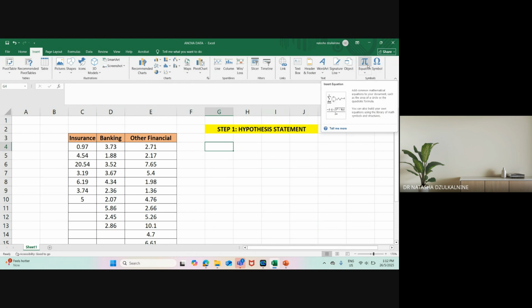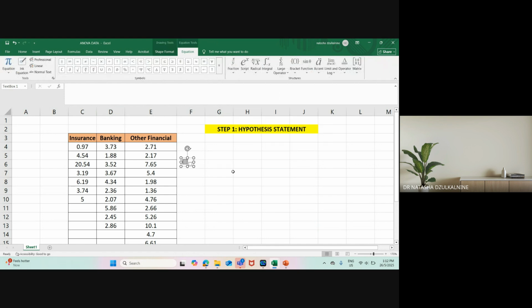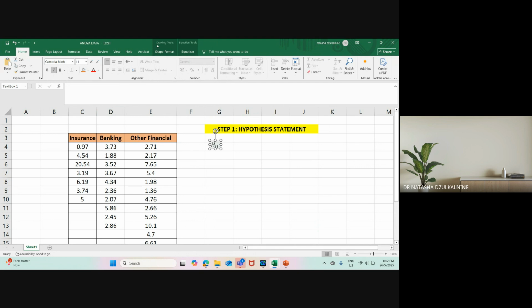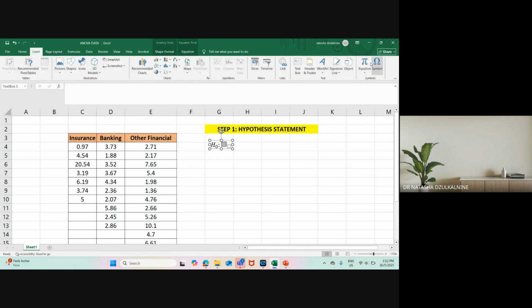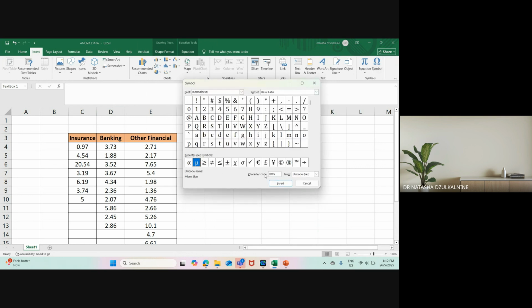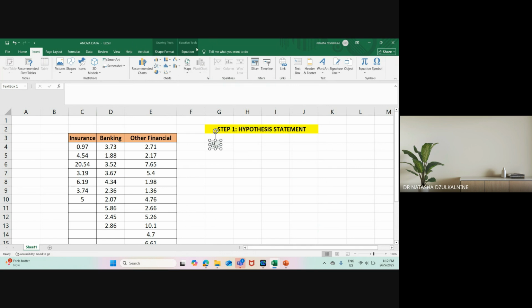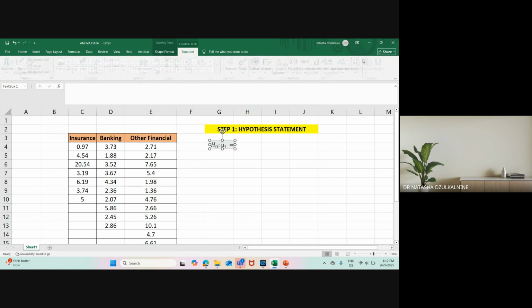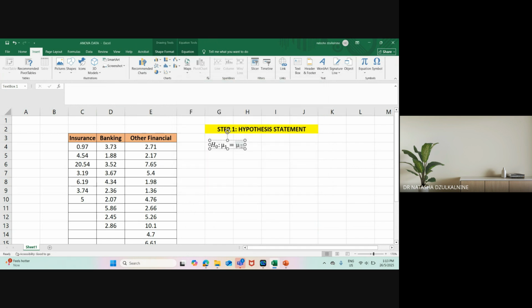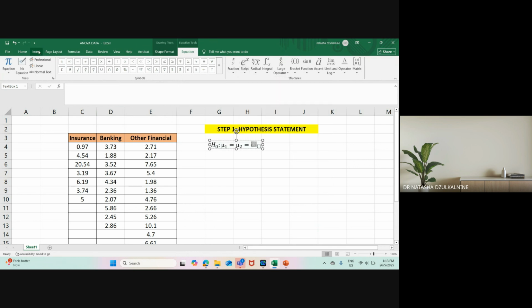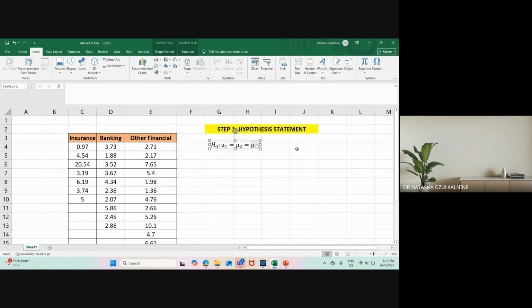So we have three populations, meaning that we will have three mu. The null hypothesis: mu1 equal mu2 equal mu3.